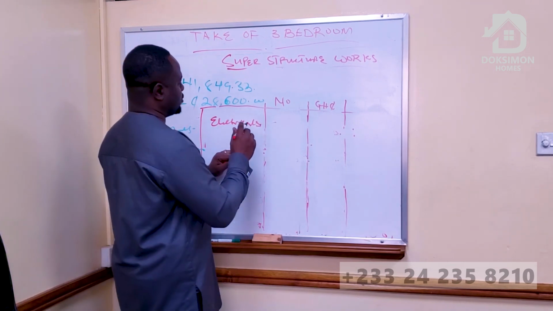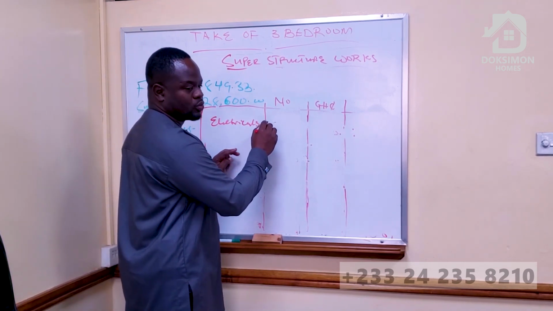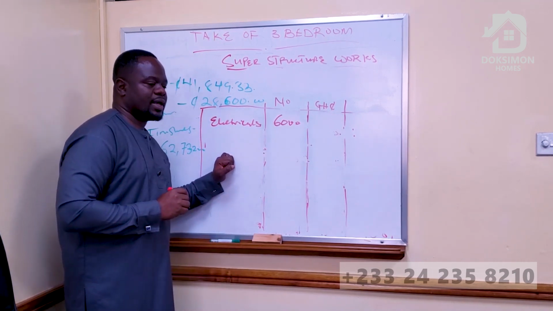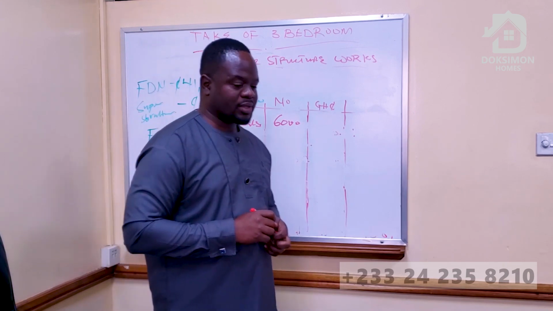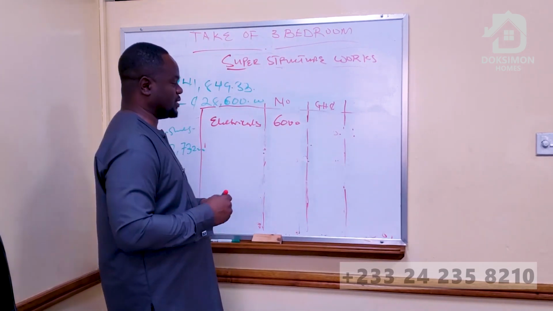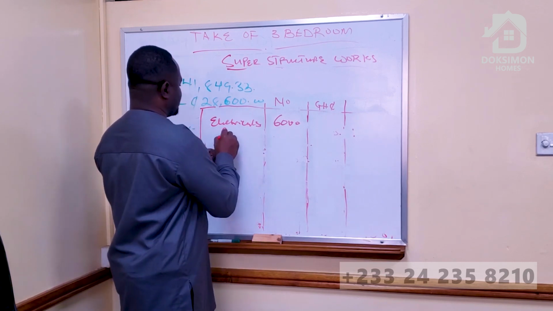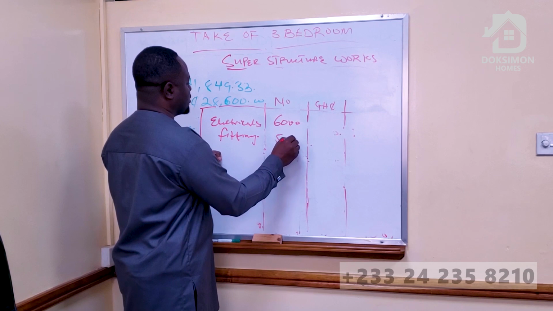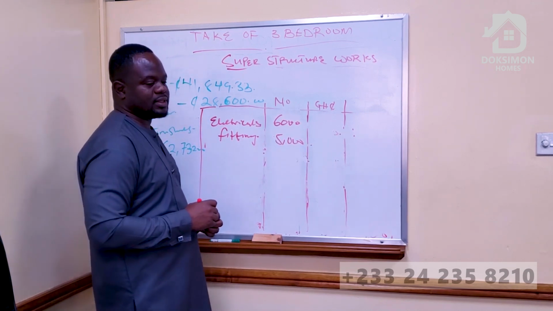provision. We said for electricals, we said make 6,000 cedis allowances. We also have the lights and other fittings costing 5,000 Ghana cedis.